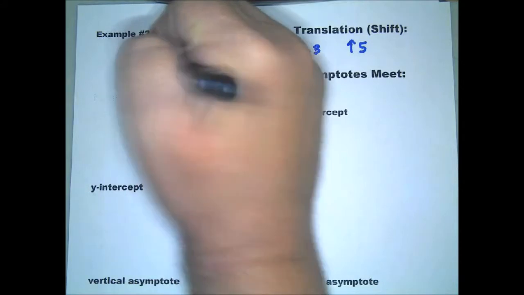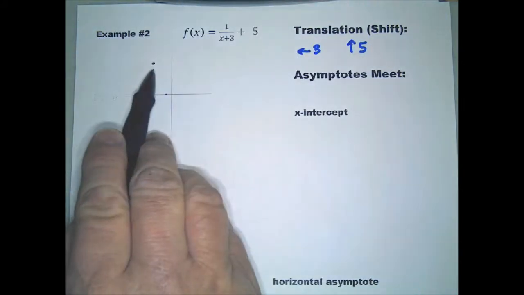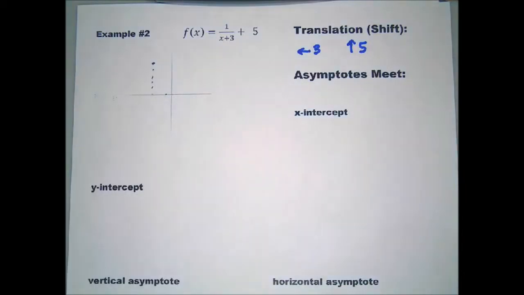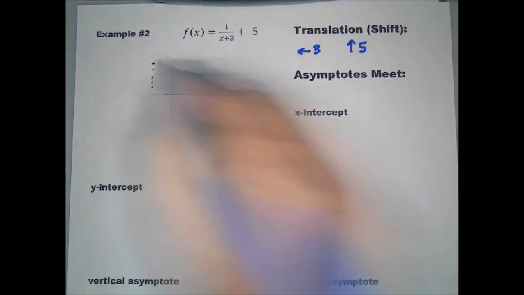So if it started at 0, 0, then their meeting point is negative 3, positive 5.